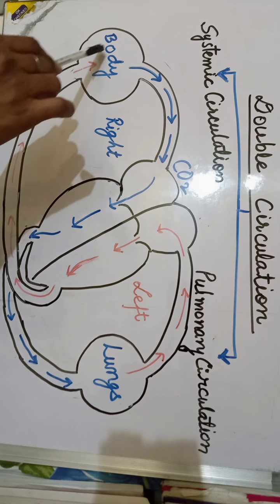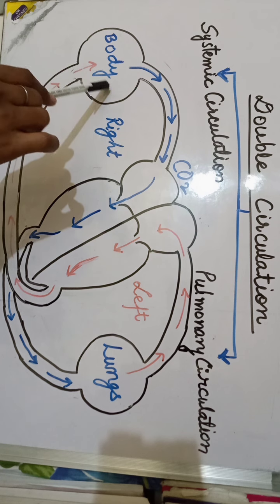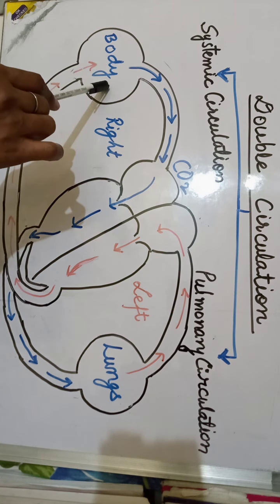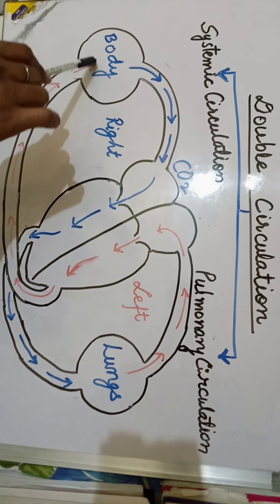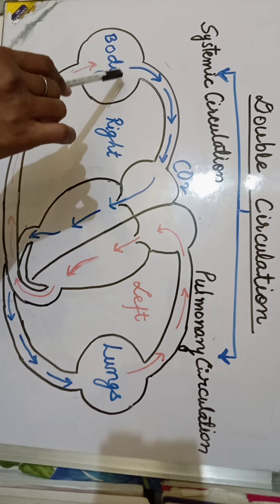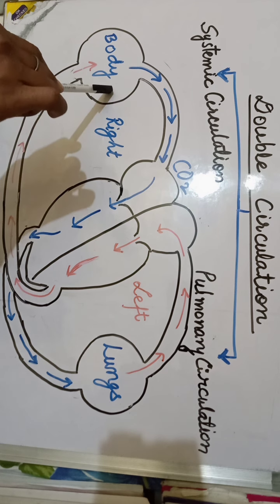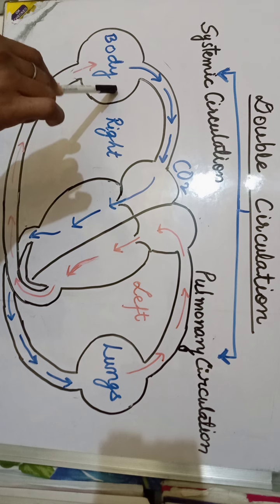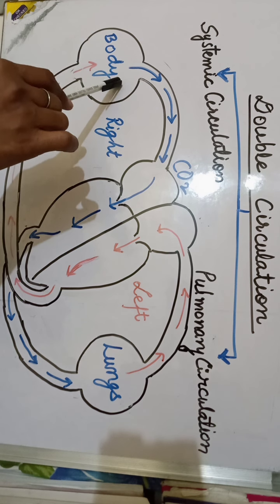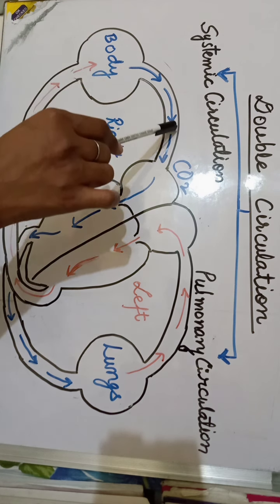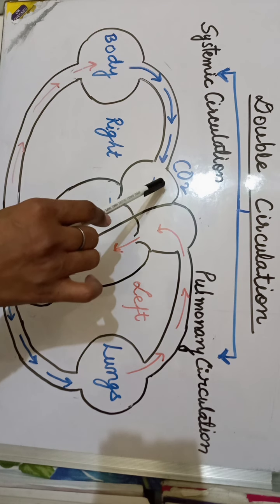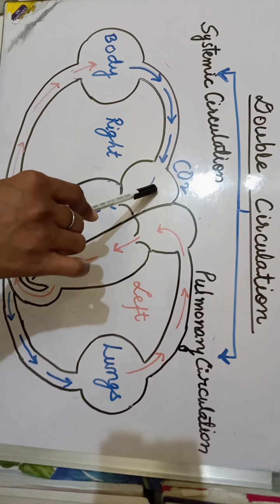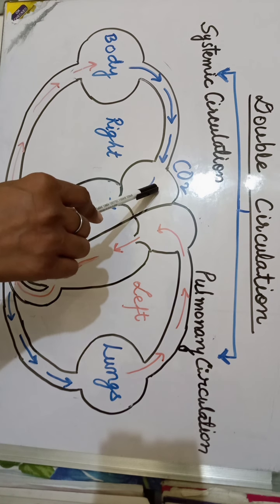In the different body parts, the oxygen is taken by the tissue and carbon dioxide is released; the gaseous exchange takes place in the tissue. The deoxygenated blood from all body parts, the upper and lower body parts, is collected and poured into the right auricle, the smaller chamber, through the superior and inferior vena cava.